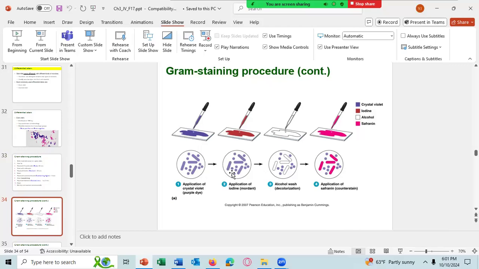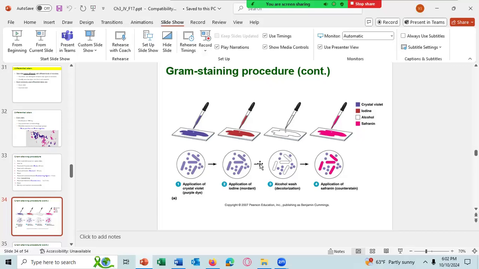It complexes with the crystal violet, making a larger complex than the crystal violet or the iodine alone, so that it will intensify the stain. That's not shown in this slide, but the cells will appear a little brighter, a little darker, and the color is a little different. Instead of a blue purple color, there'll be a purple purple color, and that is not shown in this slide.